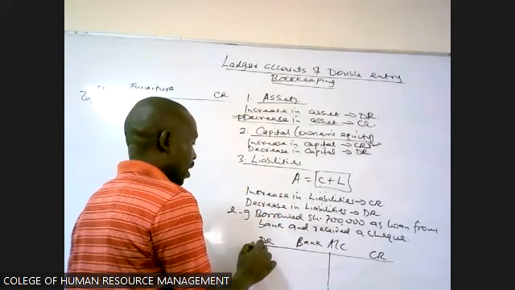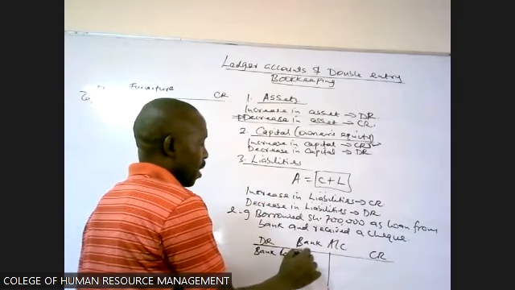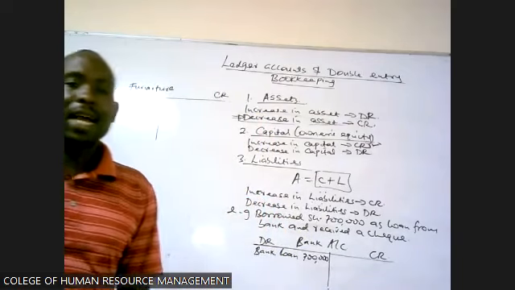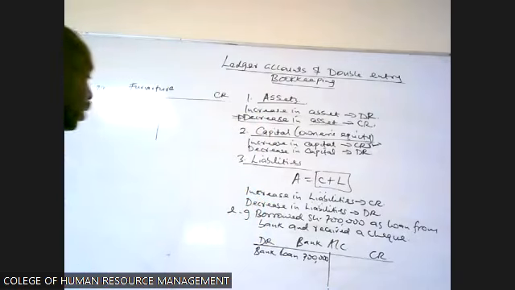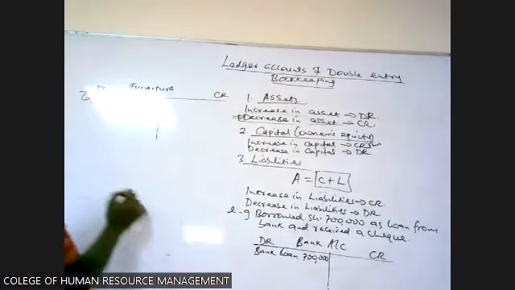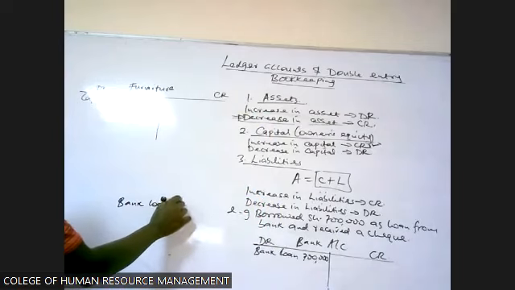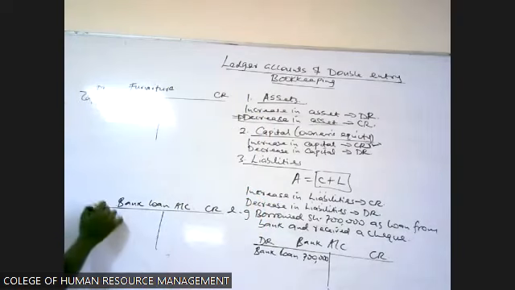Therefore, we have come here and record here bank loan. That money is increasing in form of bank loan, 700,000. We shall debit bank. Even if it's a loan, we are receiving money. Then we shall have another account we call the bank loan account. This is now going to be our liability account.